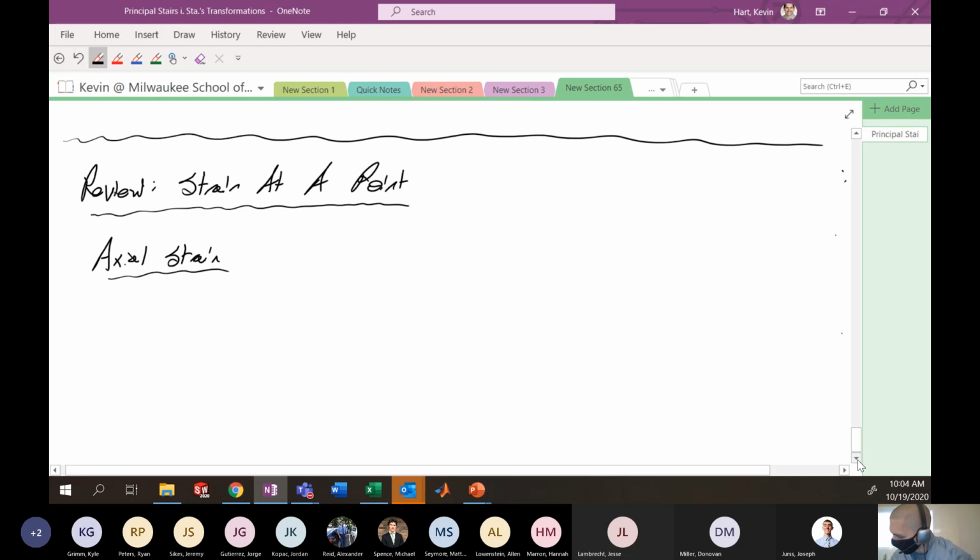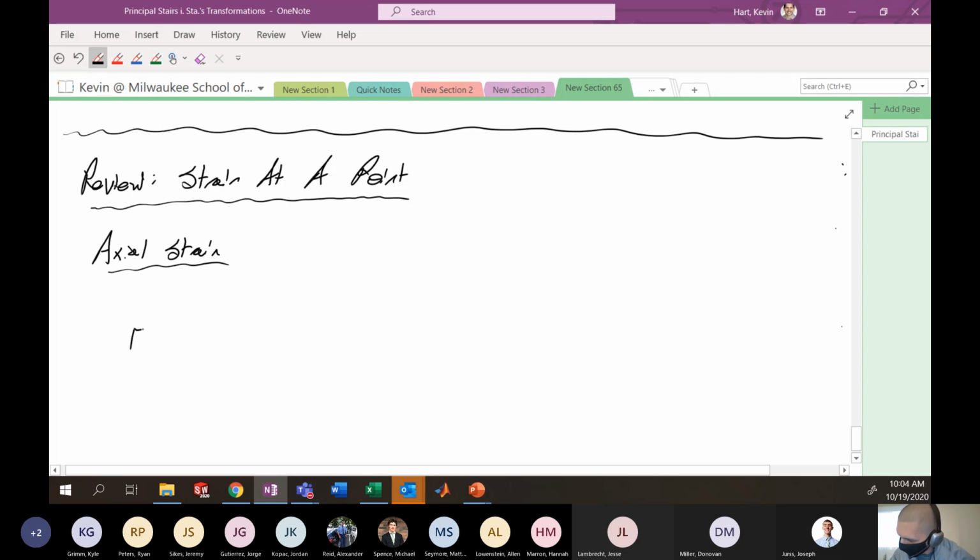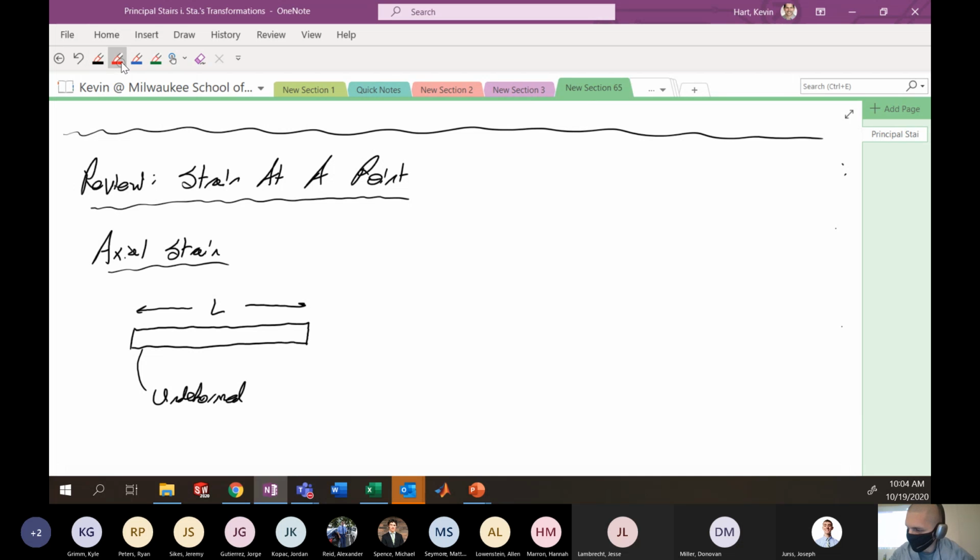You probably learned that if you had some long prismatic member, a bar or a rod or something like that, this was your original configuration. Let's say it has some original length L; this is undeformed. Then you stress it somehow, you pull on it in some axial direction, and you might get a deformed geometry.